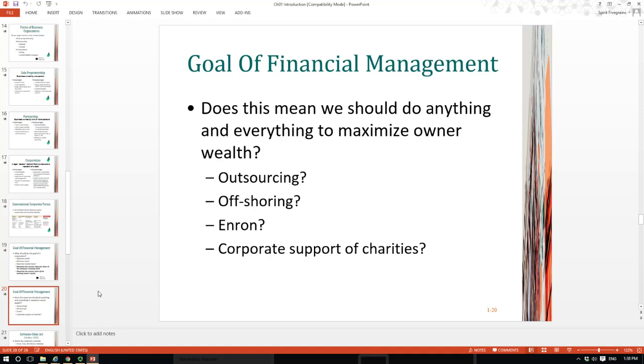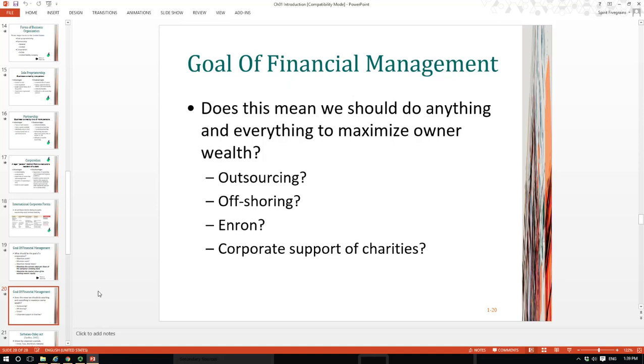Right? So what can we do to maximize stock prices or shareholders' wealth? And here are several choices: outsourcing, offshoring, Aaron's case of making up numbers, and corporate support of charities, and so on and so forth.